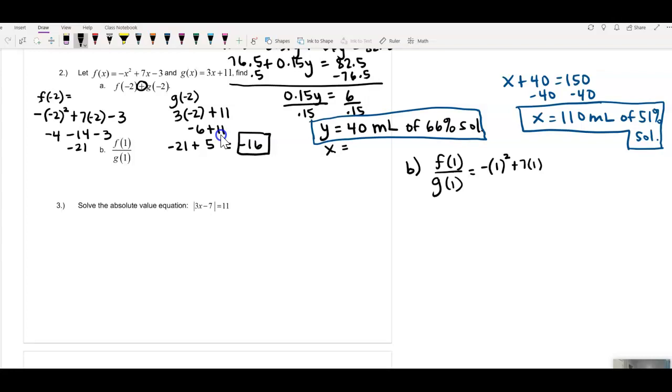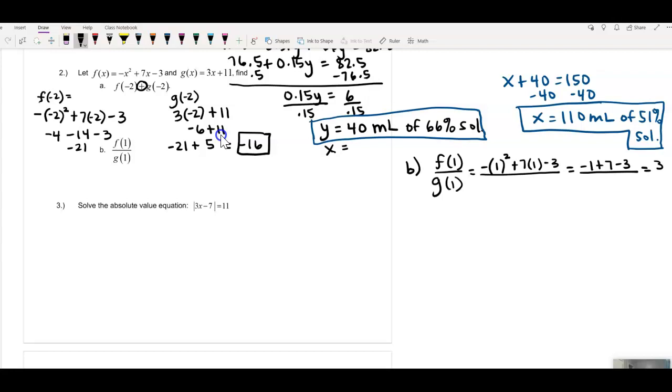Plus 7 times 1 minus 3. So that gives us negative 1, and then plus 7, and then minus 3. And so negative 1 plus 7 is 6, minus 3 is going to be a positive 3 on the top.